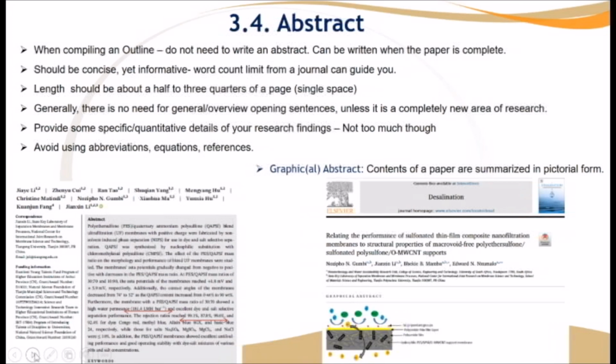When I write an abstract, it is not necessary for me to say the world is currently facing a water crisis, over 7 billion people in the world are without water. No. That general account and overview is something you can save for your introduction. But for the abstract, it's not necessary, unless, of course, it's something completely new and you want to bring everything into context, then go for it. But generally, try to avoid it.